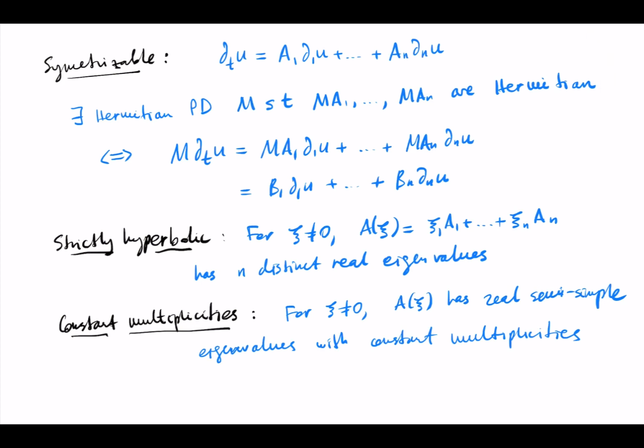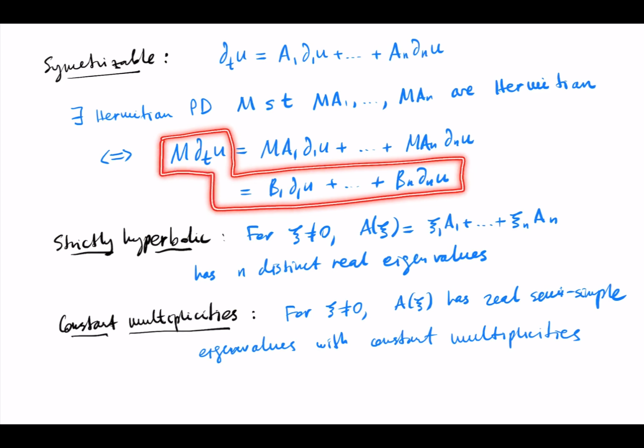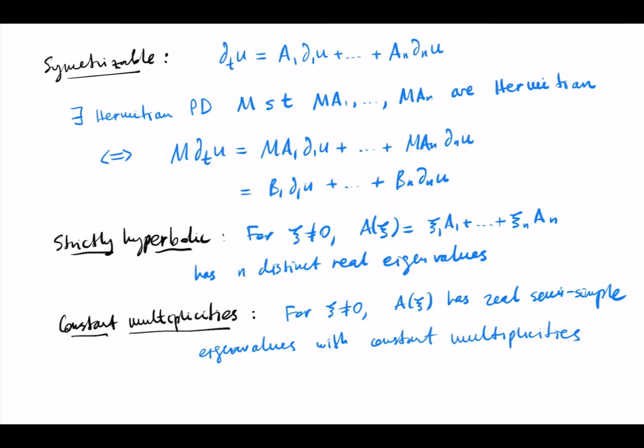You can also think of this in a slightly different way. You multiply this equation by M from the left, then you get M times the time derivative of U here, and over here we have symmetric matrices. So if you write those matrices as B1 through Bn, we can also recognize symmetrizable systems by this form. It's sometimes also called just symmetric hyperbolic systems when you have a symmetric positive definite matrix M in front of the time derivative.